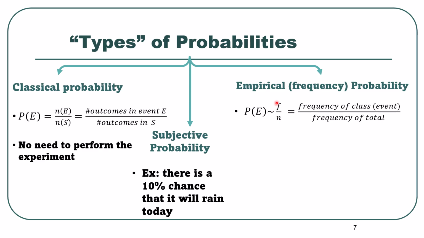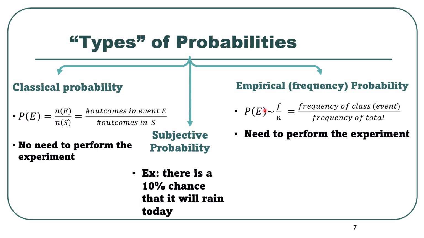And if you remember, this is nothing but the relative frequency that we calculated before. As you see here, the probability or chance of event E occurring is approximately equal to the relative frequency. And as we said, we need to perform the experiment so that we can know F and the total frequency.